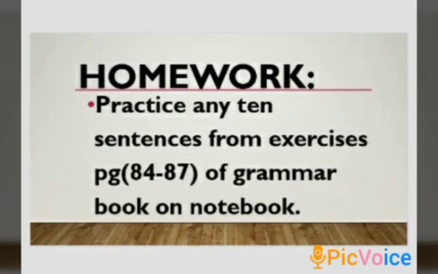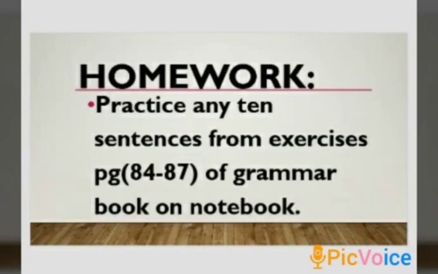Now students, it's the time to discuss the homework. Our lecture on present perfect continuous tense is finished. We have discussed this tense in detail today through examples. We have discussed the rules as well. That in present perfect continuous tense, we use first form of verb plus ing and helping verb have been and has been.